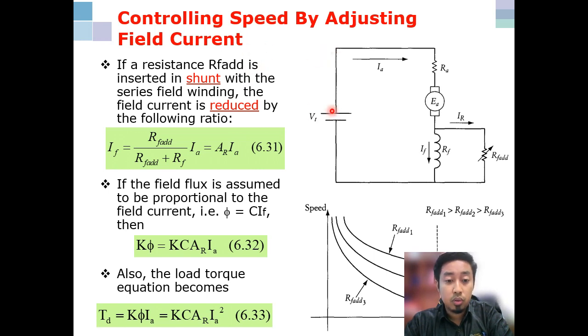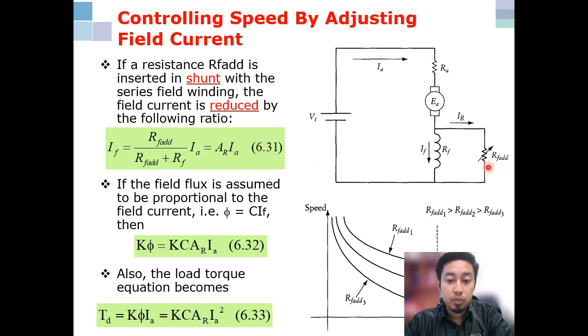How do we adjust the field current? If a resistance RF additional is inserted in shunt with the series field winding, the field current is reduced following this equation.